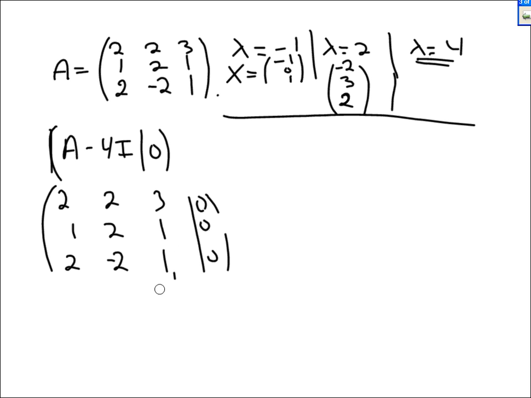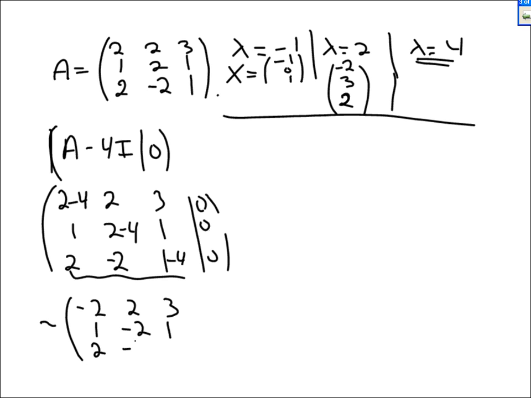We just write down A. This is supposed to be A, and I am supposed to take away 4I. That is, I take away 4 from each diagonal entry. I get negative 2, 2, 3, 1, negative 2, 1, 2, negative 2, negative 3, which is augmented with the 0 vector.